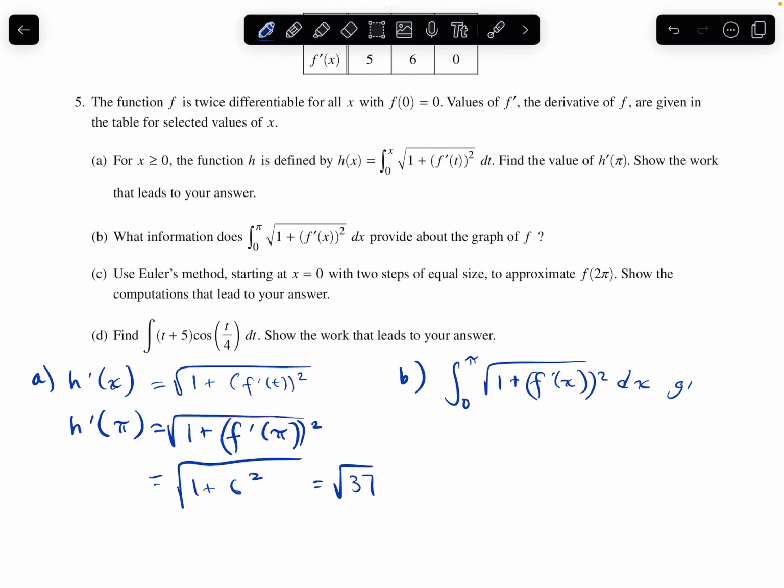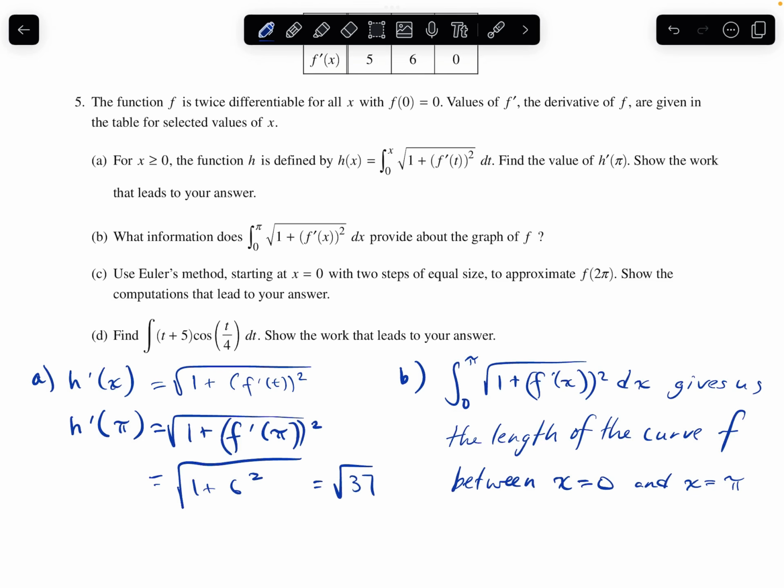Well, it just gives us the length of the curve f between our bounds, x is equal to 0 and x is equal to pi.